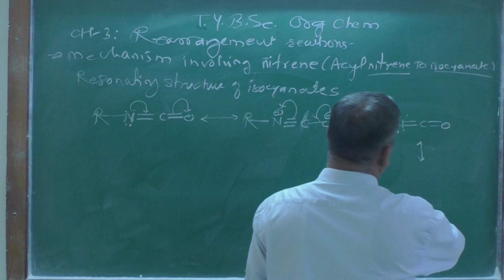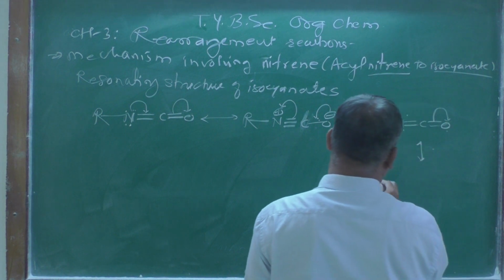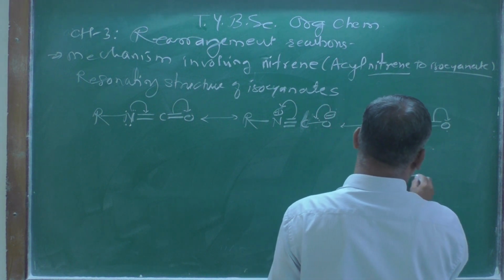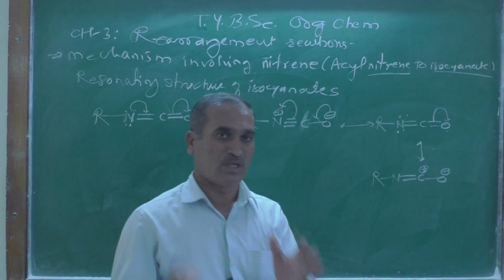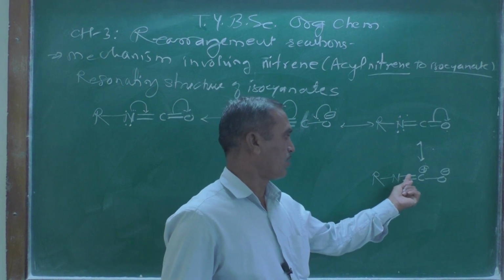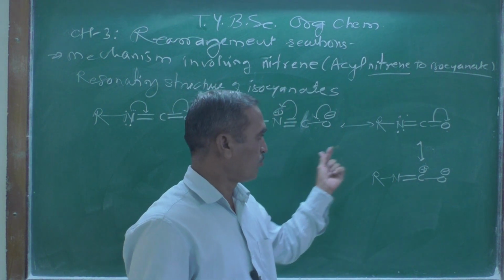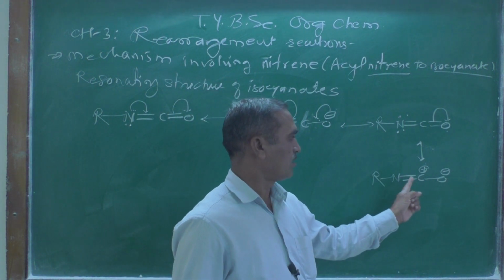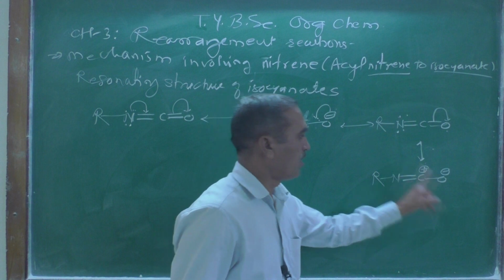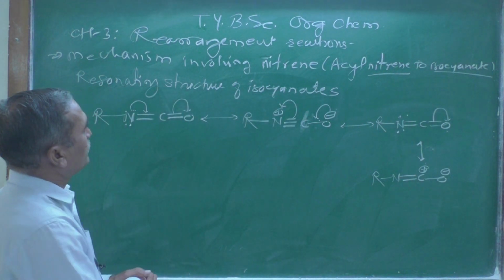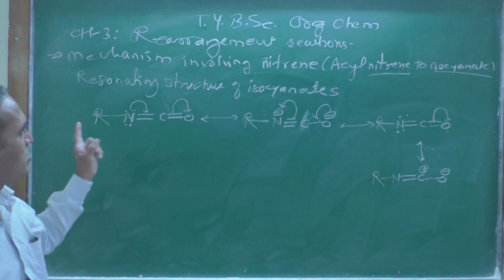Another resonating structure we can show: this oxygen atom is more electronegative, and therefore you get R, N double bond C, then O minus. The carbon contains only 3 bonds, 1, 2, 3. If you look at this carefully, carbon is electron deficient, and therefore these are the different resonating structures of isocyanate.